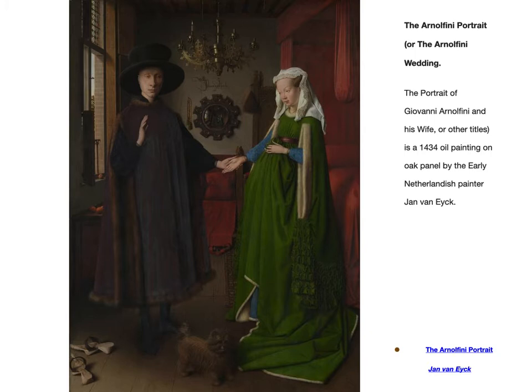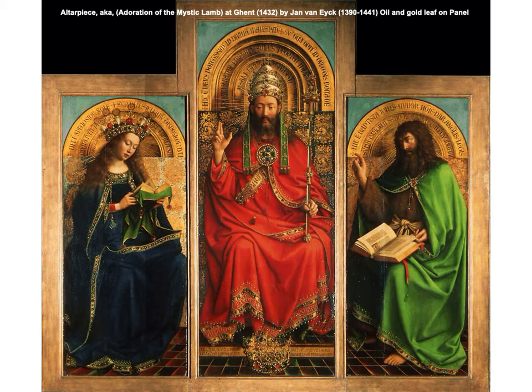So this is really where Jan van Eyck is showing off his skill. And that's the way he would have got his commissions and made his money. So one of the very, very famous works from this period was actually painted by Jan van Eyck, and it is known as the Ghent altarpiece.